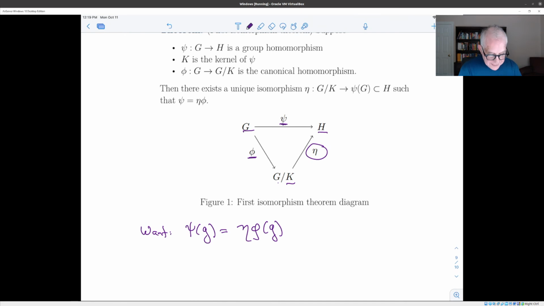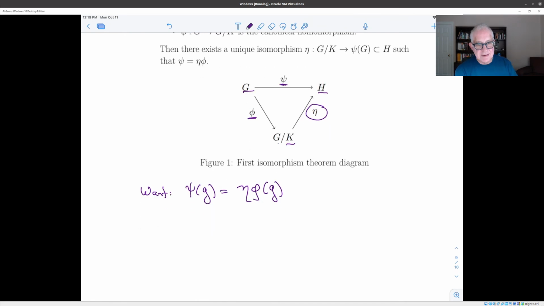So let's define here. As I said, the proof looked at in the right way is kind of automatic once you have all the definitions straight. And so the definition that we're going to make is we're going to define eta of a coset, gk, to be psi of g. In other words, you take your coset, you find a representative of it, and you apply psi to that.